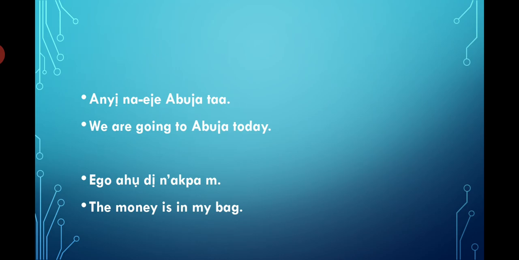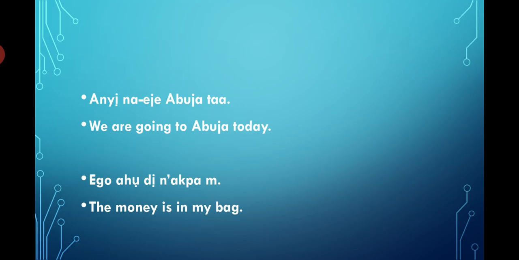For instance, the first question I asked is, EBEE ka anyị na-eje taa? Now the response is, anyị na-eje Abuja taa. We are going to Abuja today. You could have just chosen to say Abuja, and that's one word answer. But if you want to make a sentence, say, anyị na-eje Abuja taa. We are going to Abuja today.